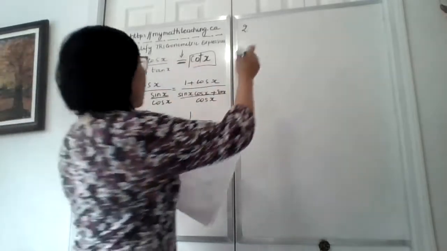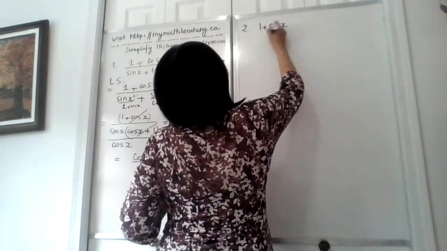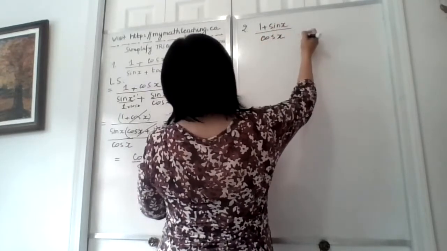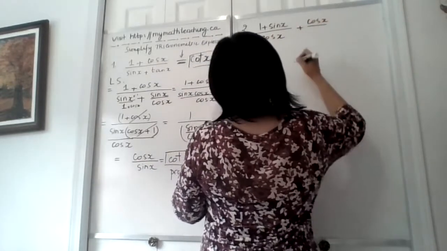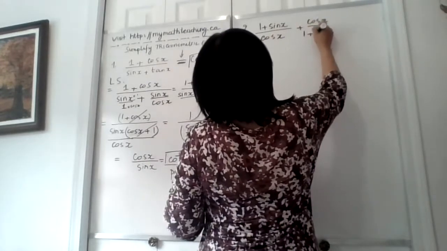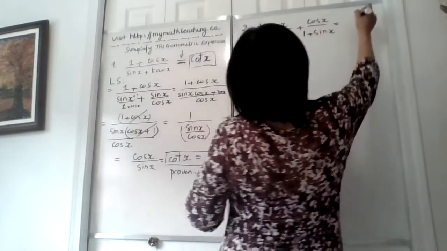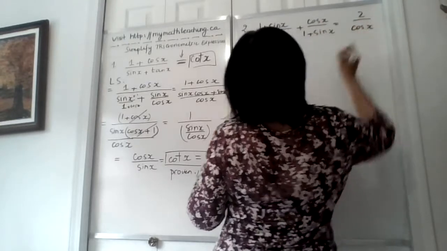Let's say I have to prove 1 plus sine x over cos x, plus cos x over 1 plus sine x, equals 2 over cos x.